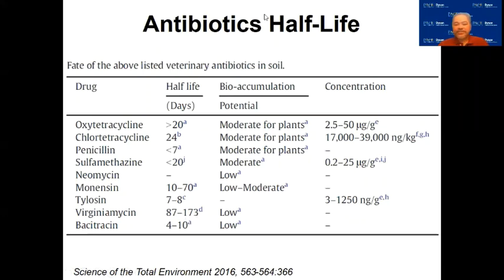If you look at the potential for bioaccumulation, some of them can be bioaccumulated by plants. The concentrations at which these antibiotics were found in the soil are listed here, from as low as 2.5 to 50 micrograms, and this one is around, if I'm not mistaken, 17 micrograms per gram if you convert.